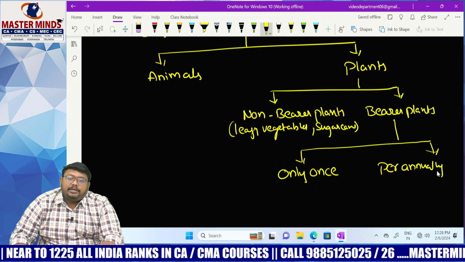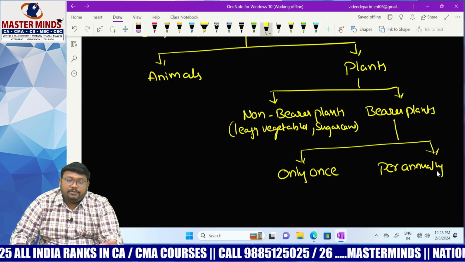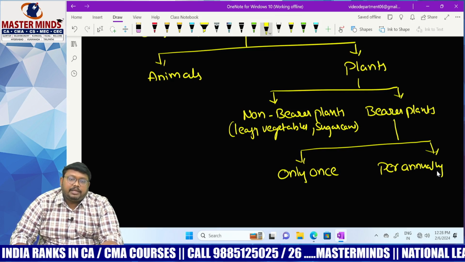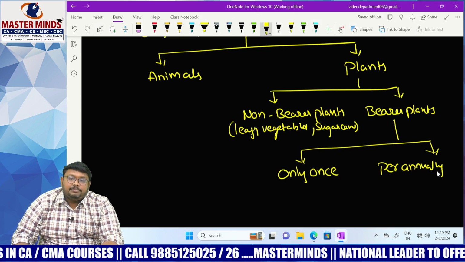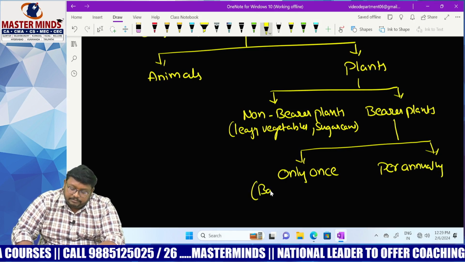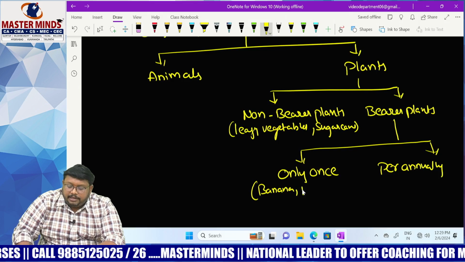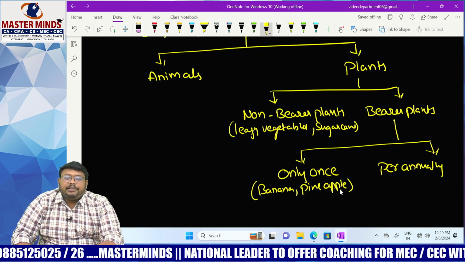Only once means one time, one production, just like a pineapple. Pineapple is a bearer plant. The fruit comes, but only one time. Again, we have to take off the tree. Examples of only once: banana, pineapple, etc. They give the fruits only once.